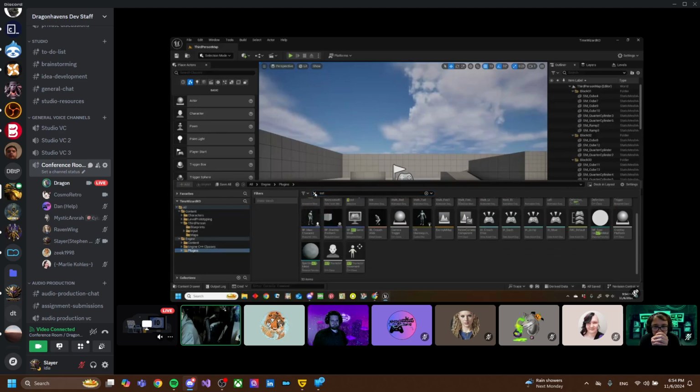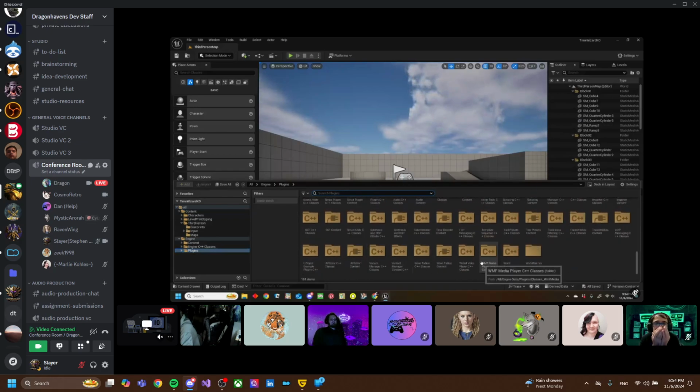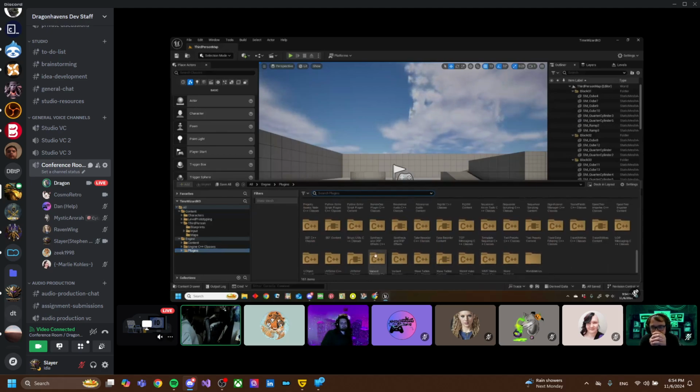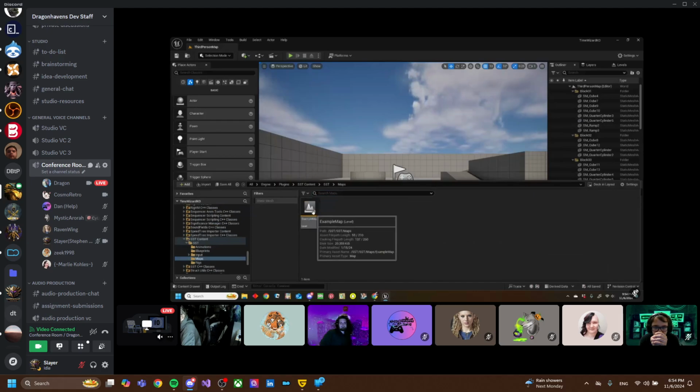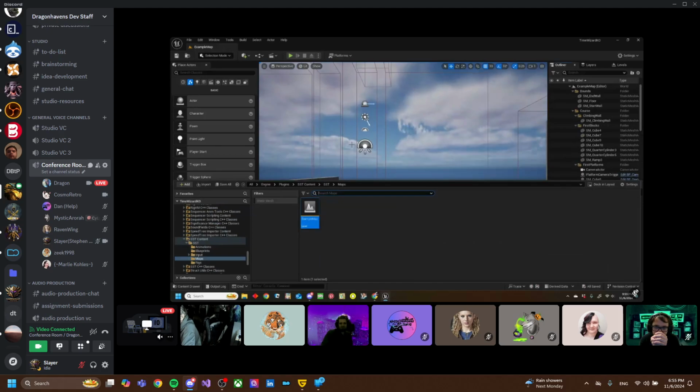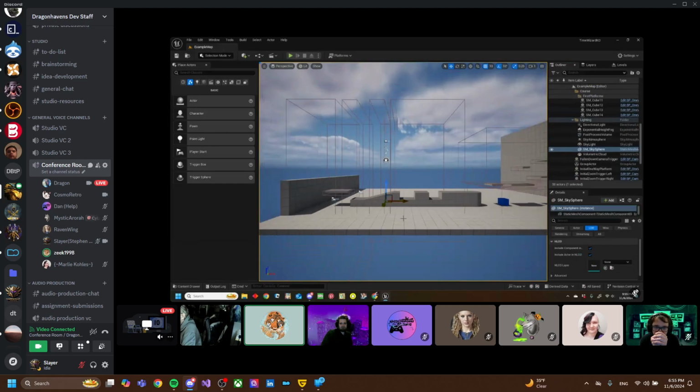I see SST, well, now it went away. SST content. Yeah, there. I think you had to move the map so you could have it in a separate folder.